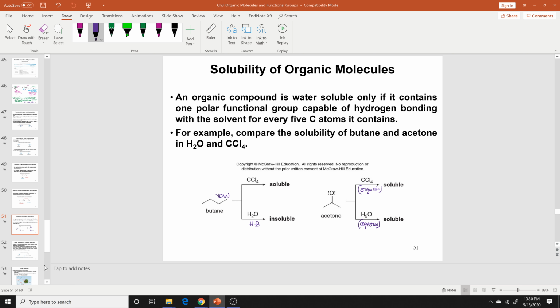Acetone has a dipole-dipole interaction, and it has nonpolar groups, this carbon over here and this carbon over here. They are nonpolar. So acetone will be soluble in organic solvents because of the nonpolar part of the molecule.